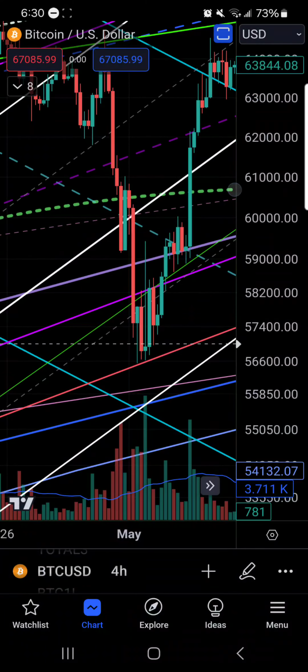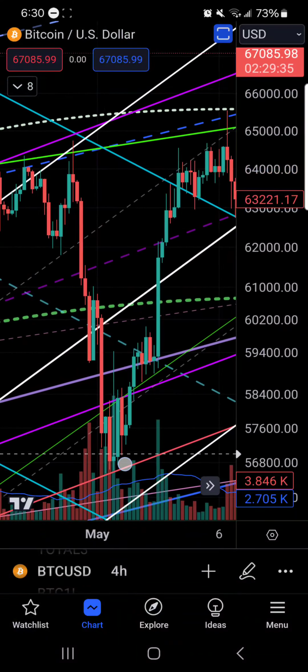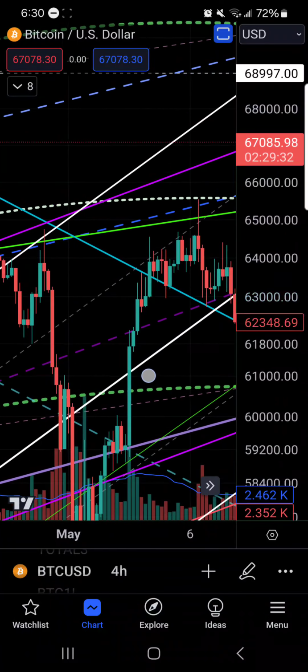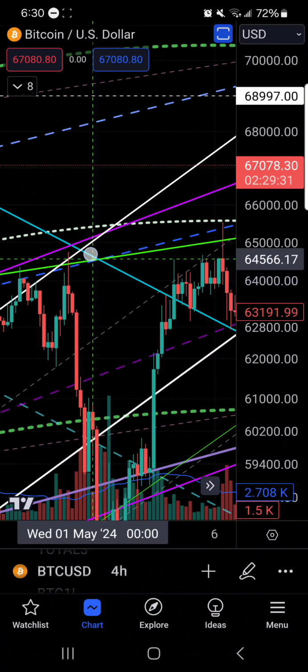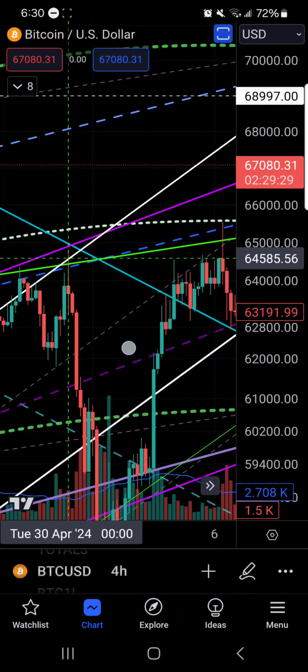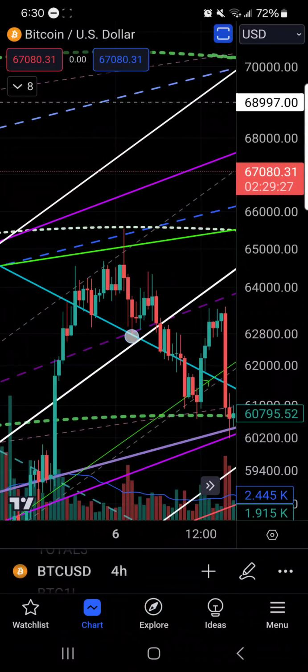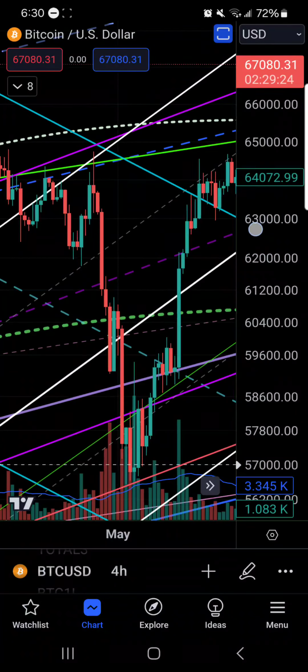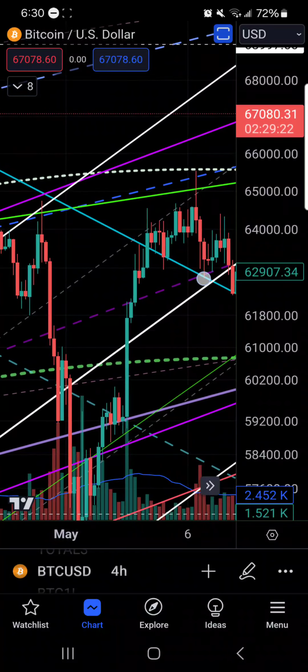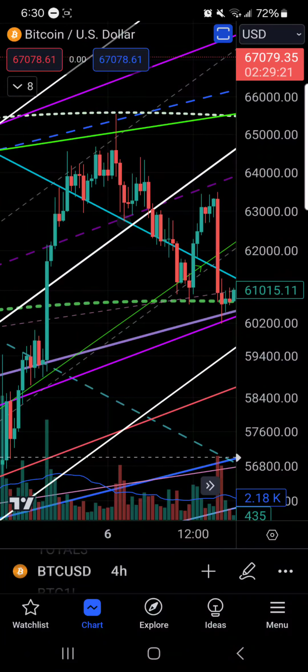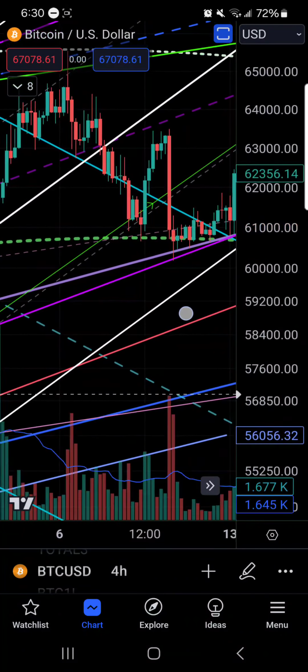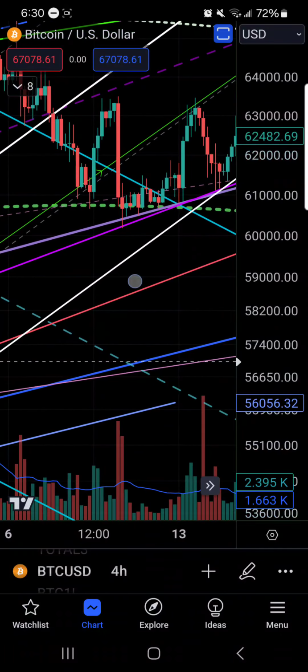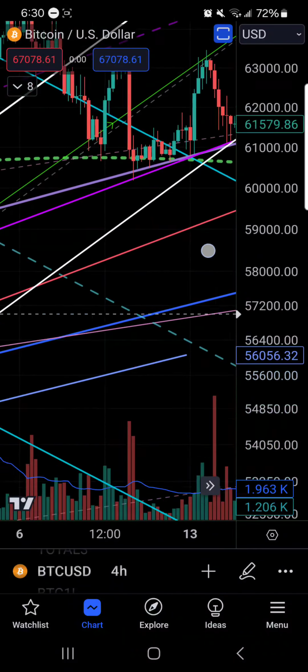See, that's why. Okay, we're slightly off on this wick here. These may need to be adjusted upwards.